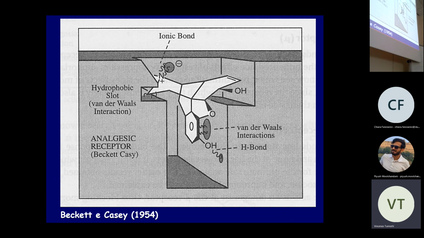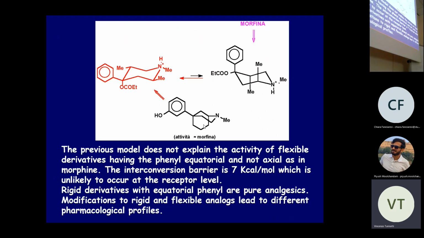But if we put inside this model 4-phenylpiperidine, we can have some troubles, some problems. Why? You see here the 4-phenylpiperidine, which derives from the opening of ring B. And here you can see that the phenyl group is in axial position.